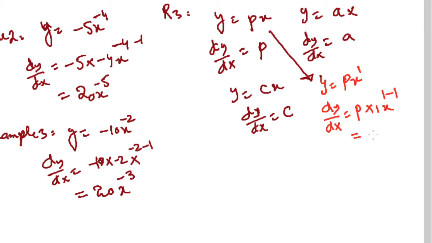The result becomes p into x power 0. Now anything to the power 0 is what? It's always 1. So it becomes p. Similarly, look at this one.